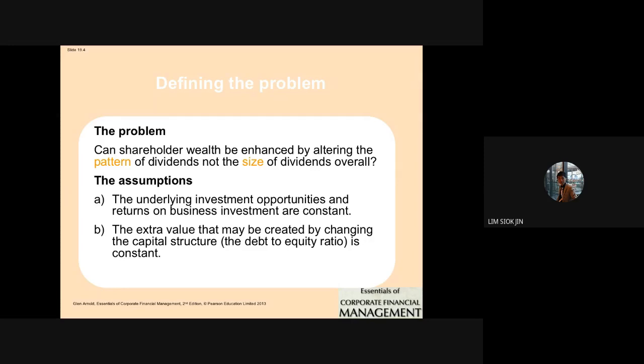So do companies change, or is the wealth of the owner of the company deeply affected by how companies choose to give out their dividends? You have to know there is a separation system where the company is company, owner is owner.